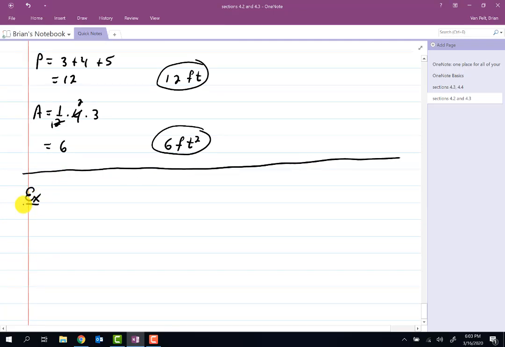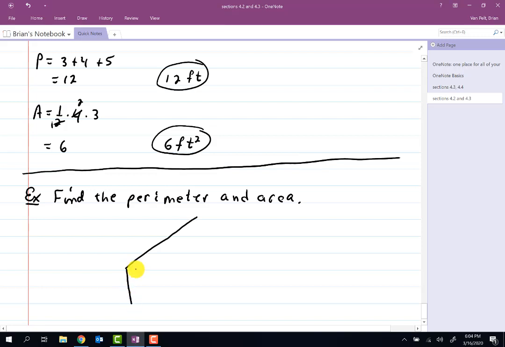Another example, find the perimeter and area. This time the triangle is placed in a weird way. And then we have this side length all the way there.